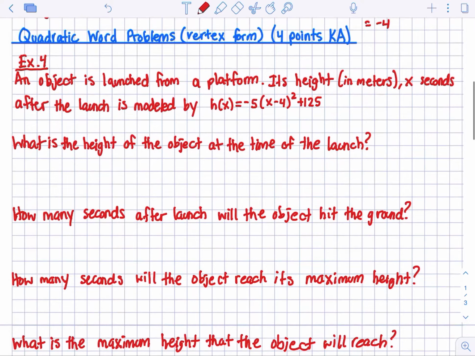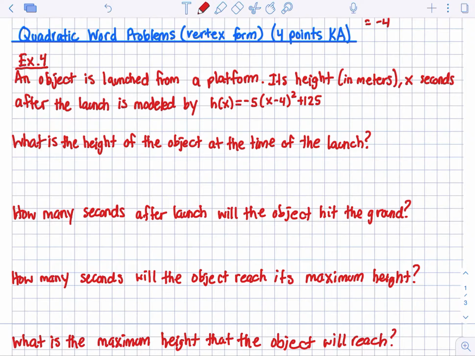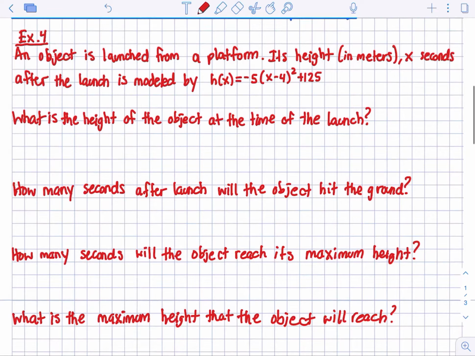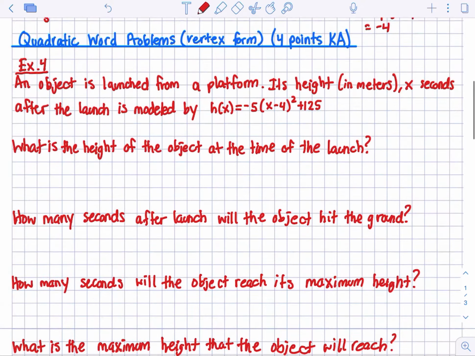Now, when you get over here, you have to do your standard form. Oops, I forgot to make that into standard form. Let me see.